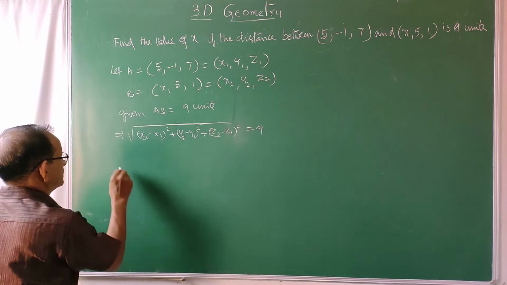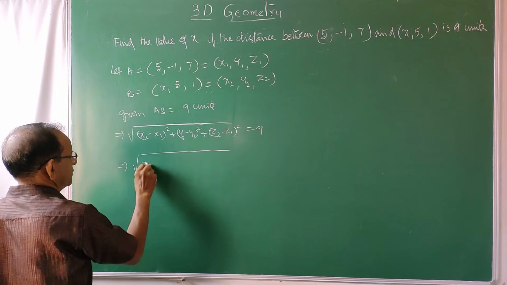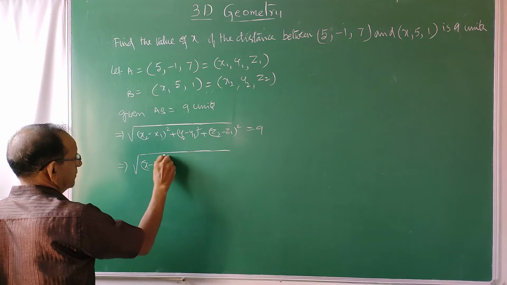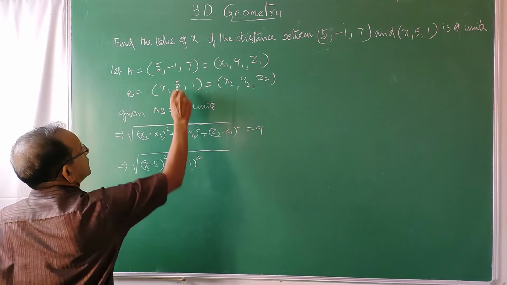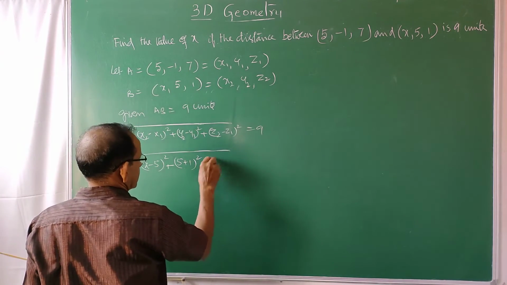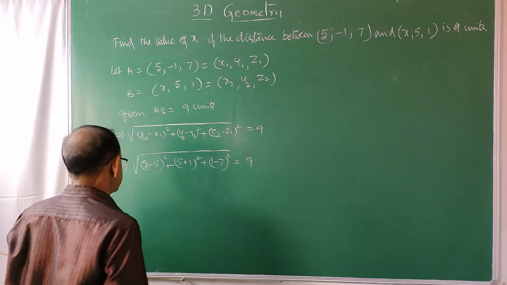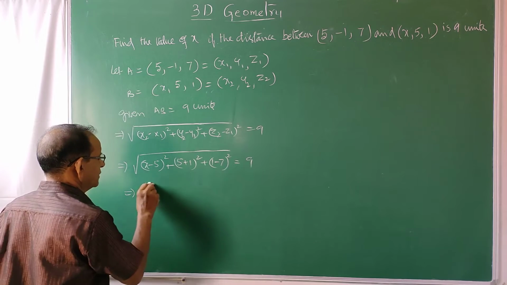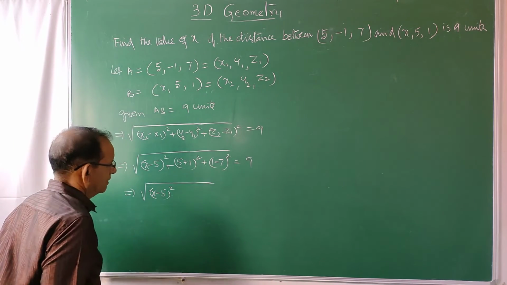Let us substitute these values. The square root of (x - 5)² + (5 + 1)² + (1 - 7)² is equal to 9.